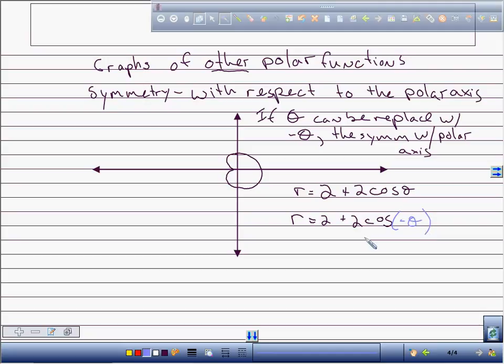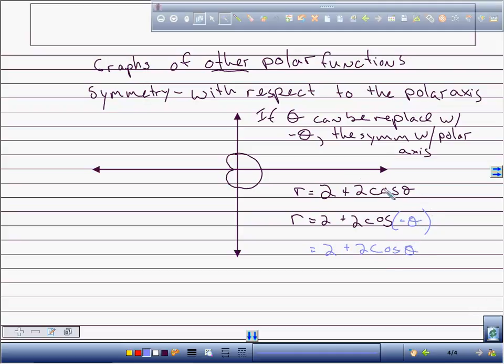What happens when I take the cosine of a negative angle? It's the same, right? Cosine is an even function, so the cosine of a negative angle is the same as the cosine of a positive angle. So this is equal to 2 plus 2 cosine theta.